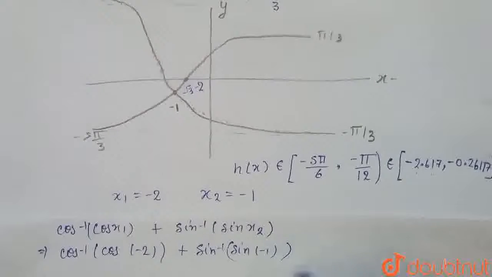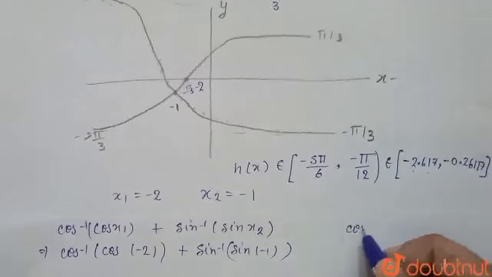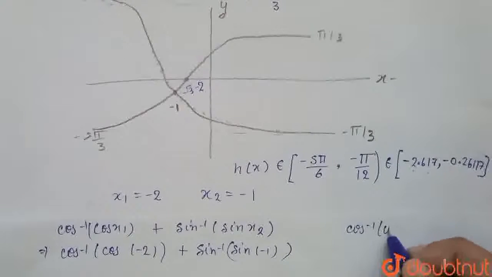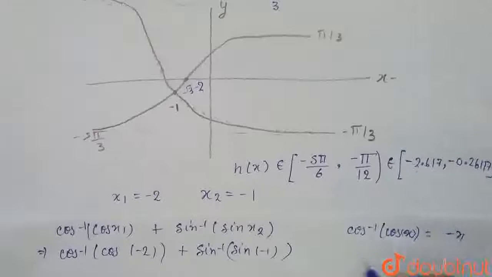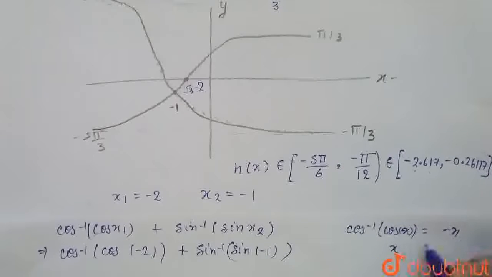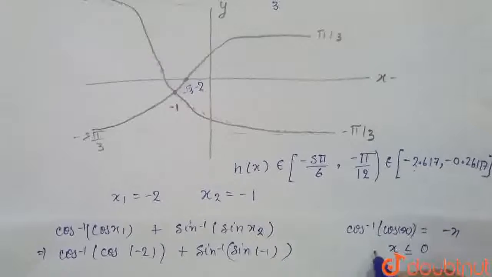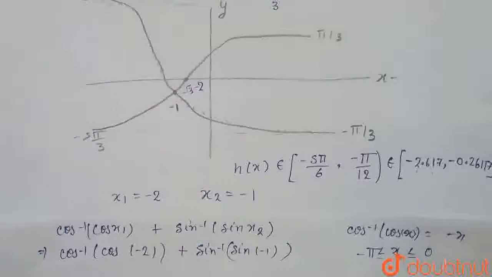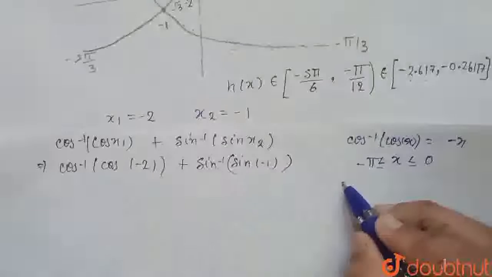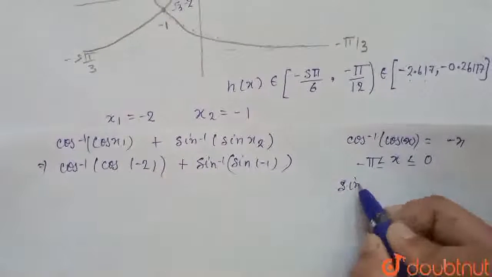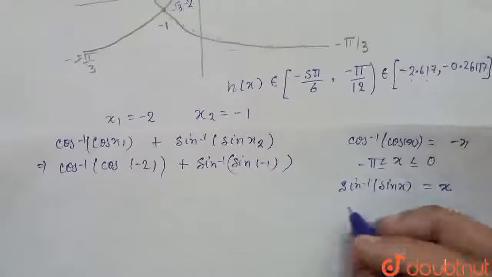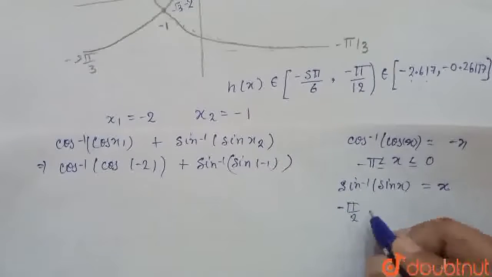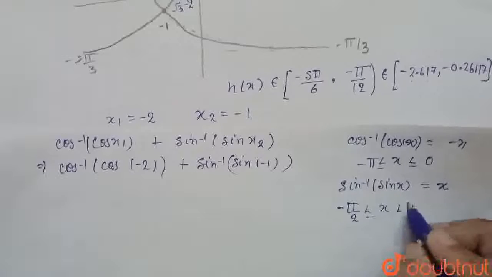Now we know that cos inverse cos x will be minus x when x lies between 0 and minus pi, and similarly sin inverse sin x will be x when x lies between minus pi by 2 and pi by 2.